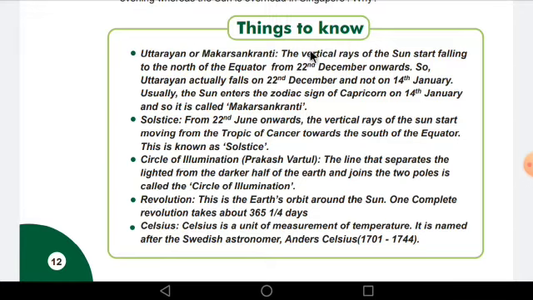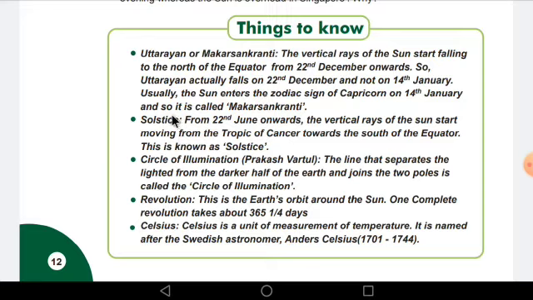So here it is trying to explain that from 22nd December, the rays of the sun start falling north of the equator, and so Uttarayan actually falls on 22nd December, not on 14th January. But usually the sun enters the zodiac sign of Capricorn on 14th January. That is why it is called Makar Sankranti.